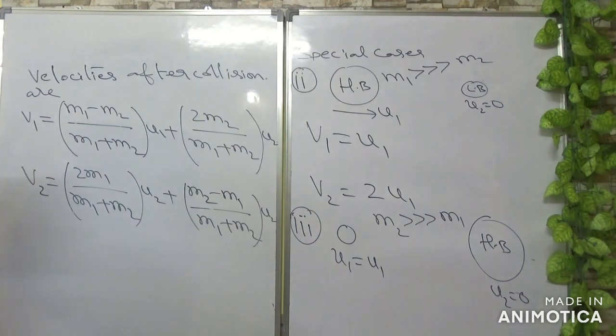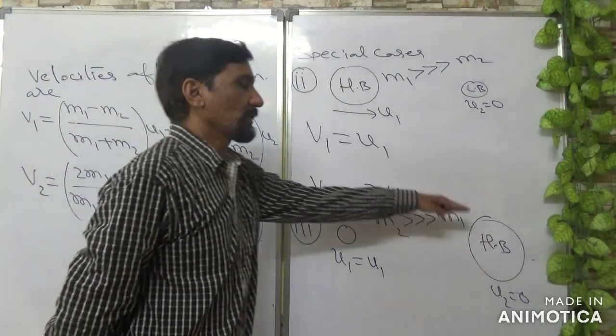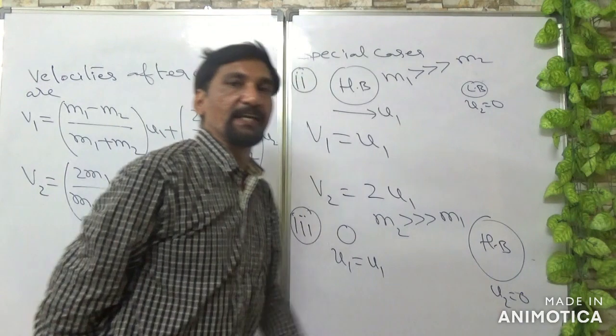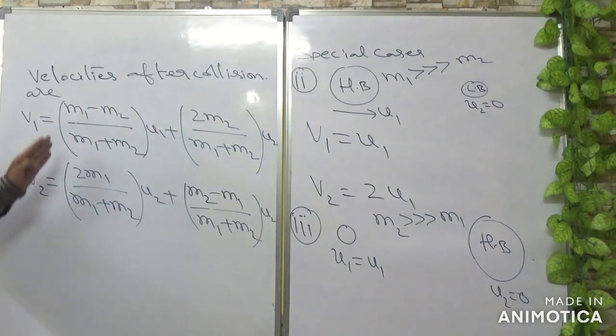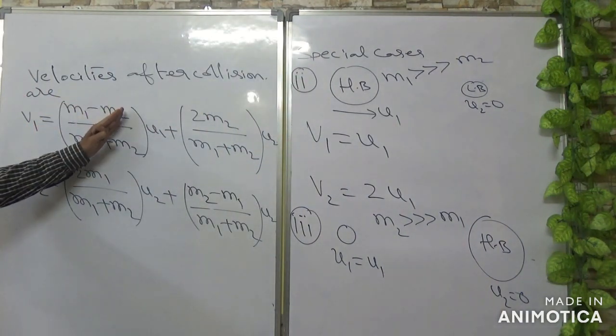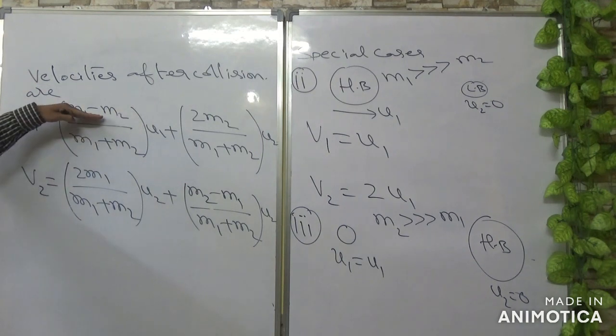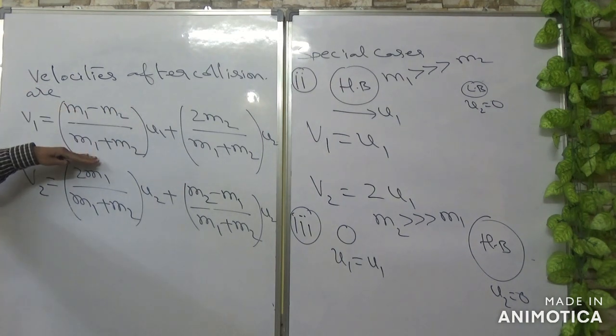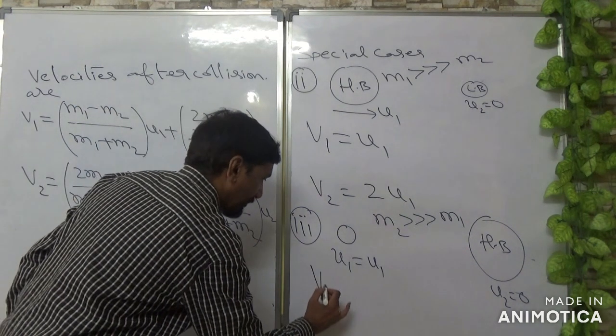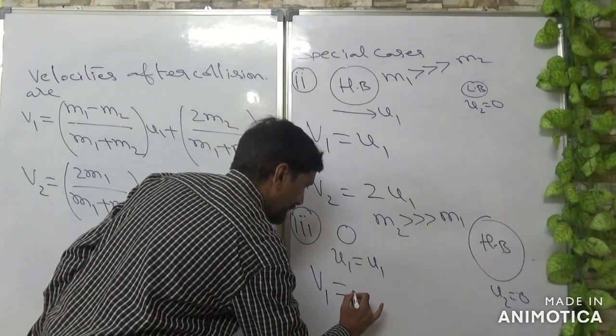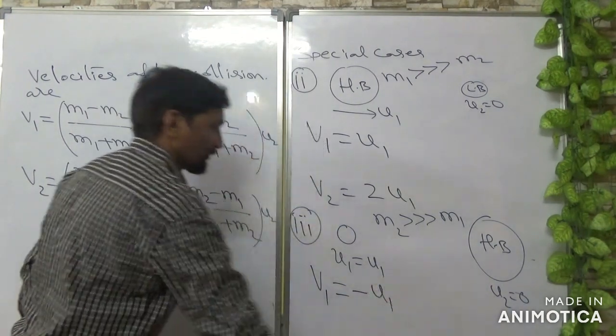So when a lighter body hits a heavier body at rest, m1 has a small value and m2 has a large value. That means the sign is minus now. So the final velocity of the first body is minus u1.